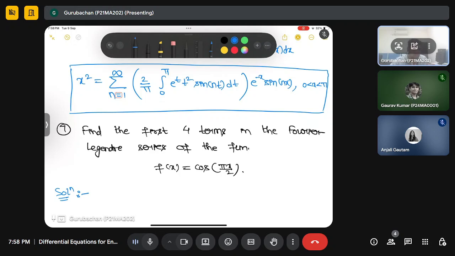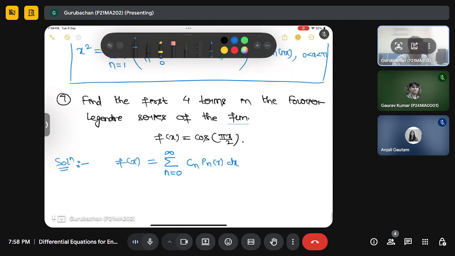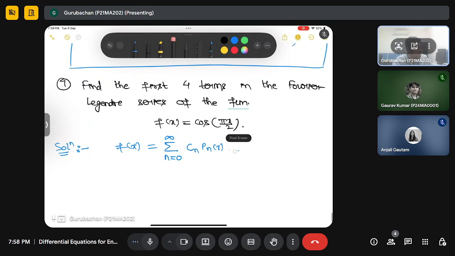So what is the general expression of Fourier Legendre series? That f(x) can be written as the sum n from 0 to infinity of cn Pn(x).